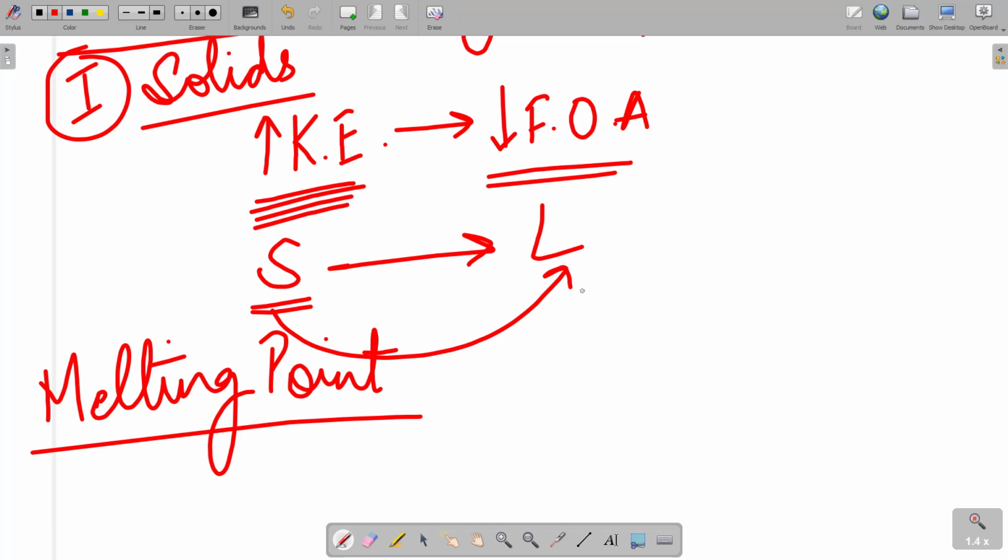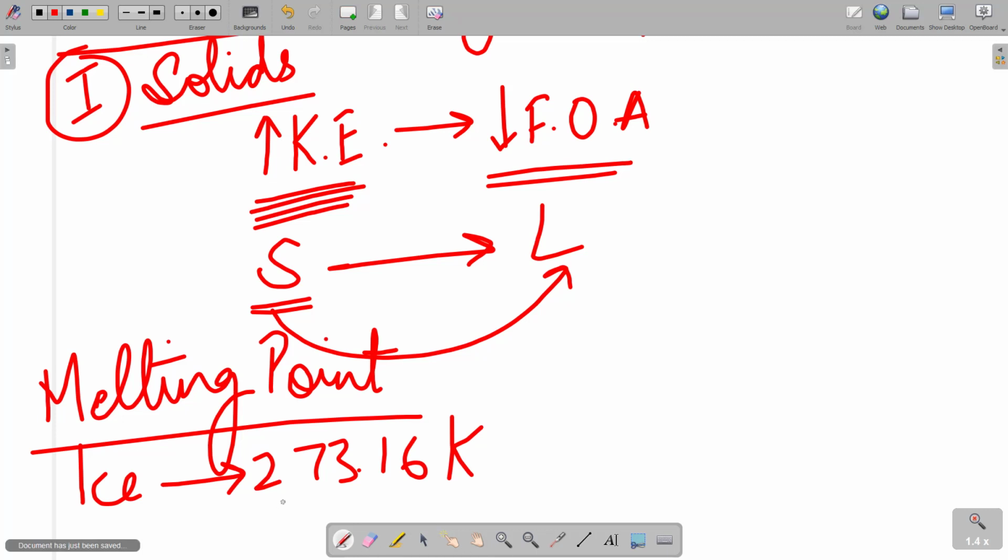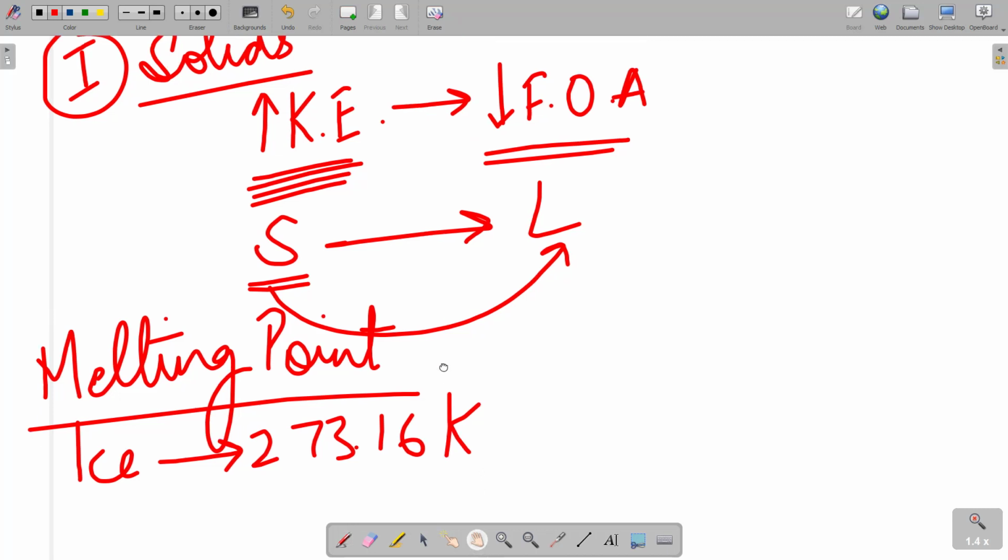For example, if I say the melting point of ice, what is the melting point of ice? 273.16 Kelvin. So this is the temperature, in kelvins, at which ice would turn into water. But what is the process happening here?